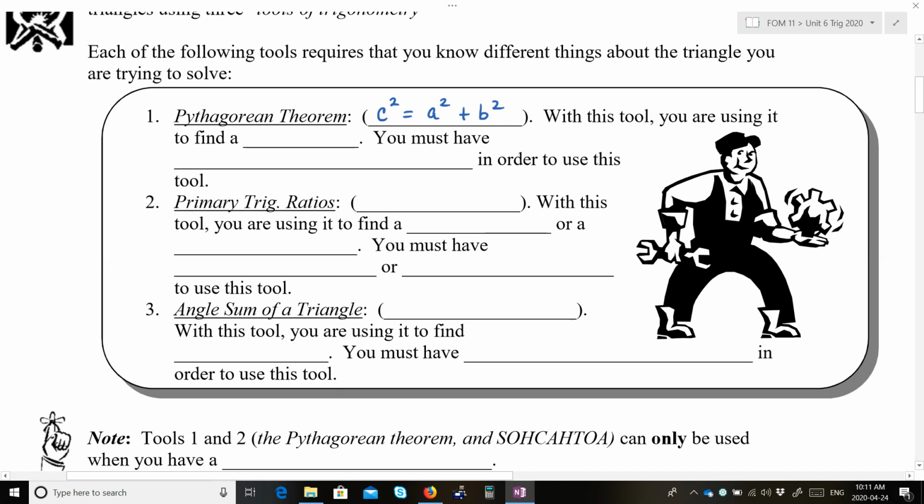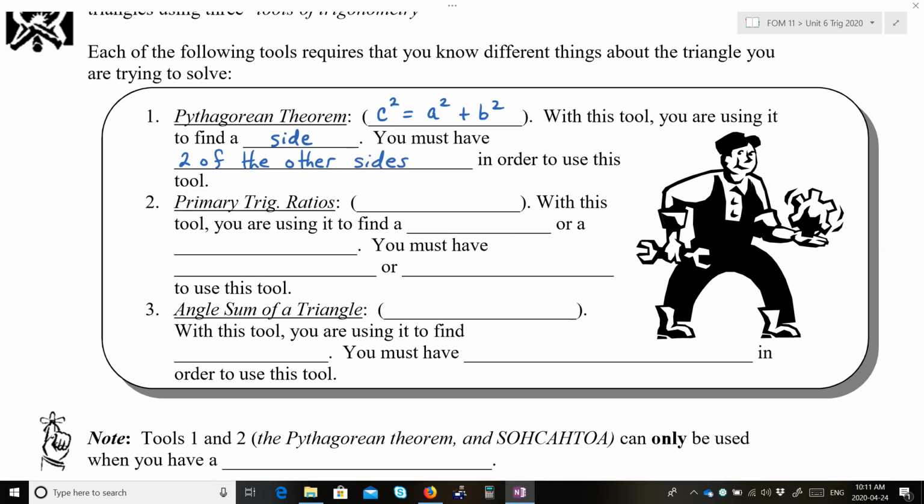With this tool, you are using it to find a side of the triangle. You must have 2 of the other sides in order to use this tool.